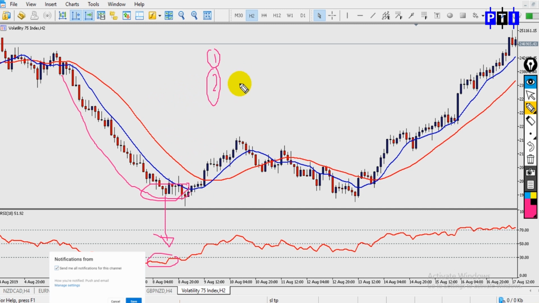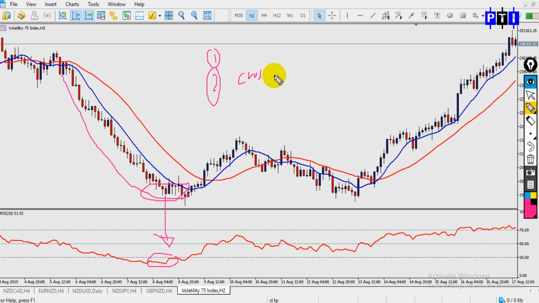The second confirmation will be the crossing of the moving averages or the touch of the moving averages. When the moving averages cross or touch, that's your second confirmation. So when we've spotted this, you wait for the cross. When they cross, you do not focus on the RSI anymore, because you focused on it when the market bent.